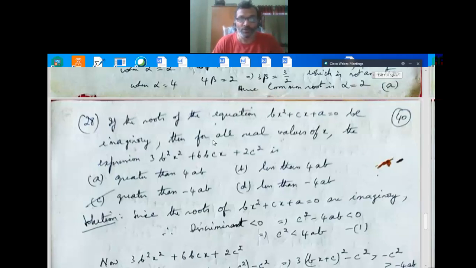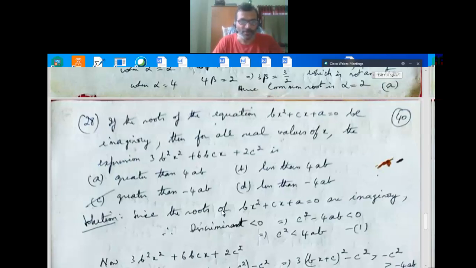Then for all real values of x, the expression 3b squared x squared plus 6bcx plus 2c squared is: first option, greater than 4ab; second option, less than 4ab; third option, greater than minus 4ab; fourth option, less than minus 4ab.